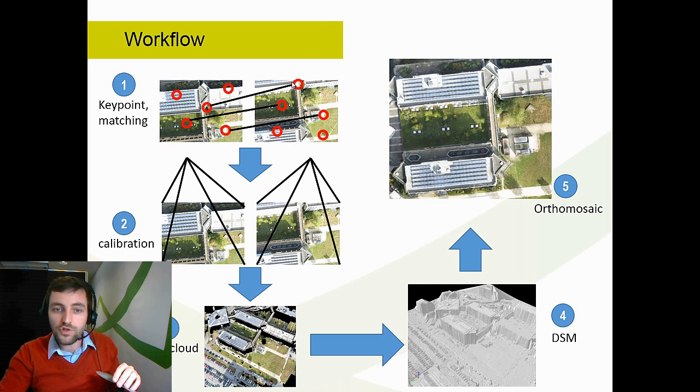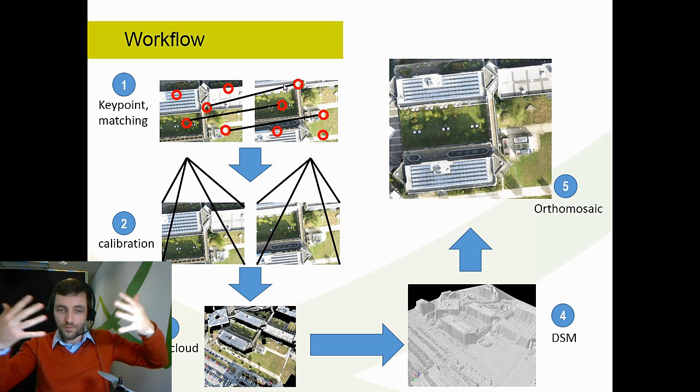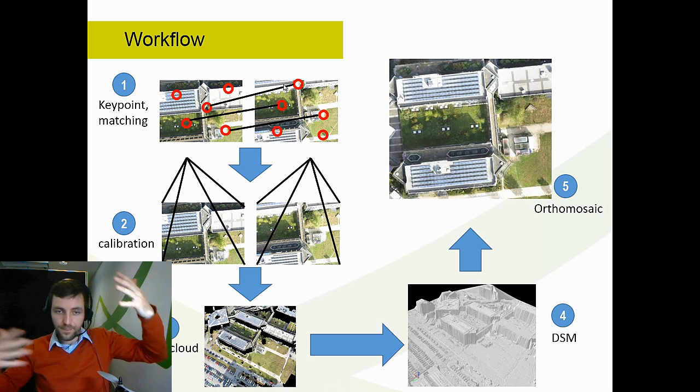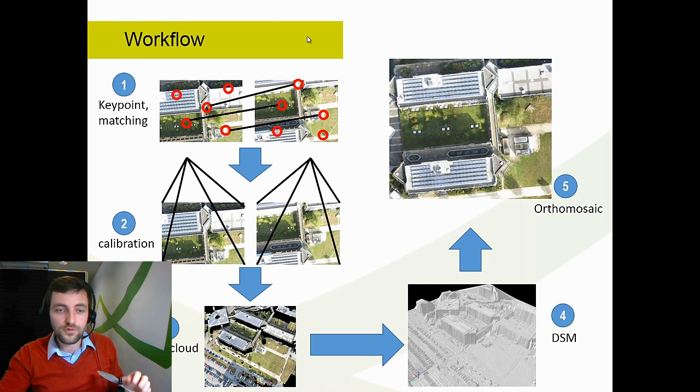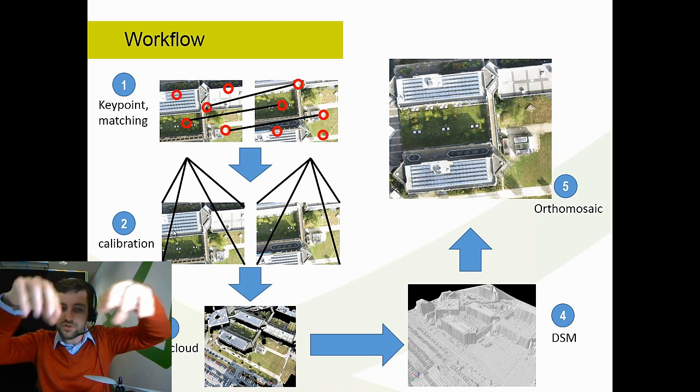And then it's going to match these key points across all the imagery, for each image together. So in this graphic I only show two images, but the software is performing this with hundreds or thousands of images. Once this is done, it's able to do what we call calibration. Calibration meaning trying to recompute what was the original position of each image.